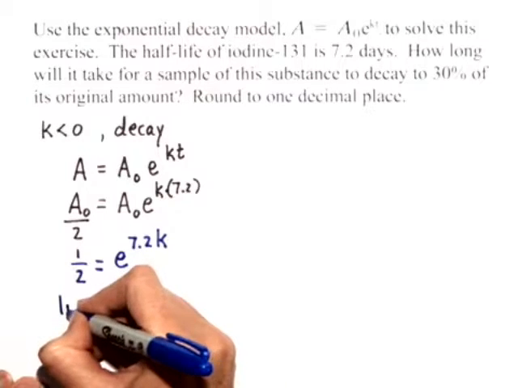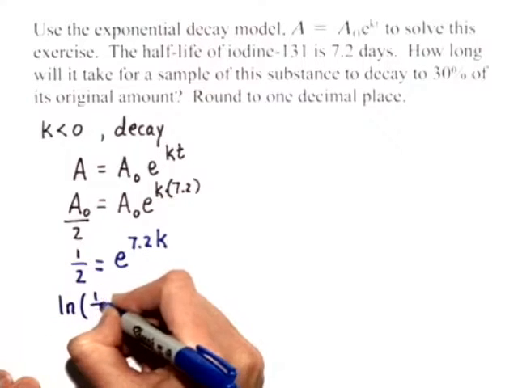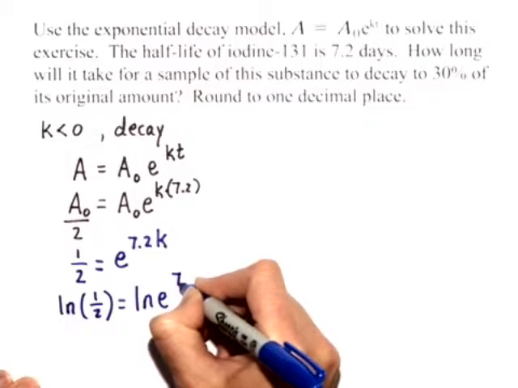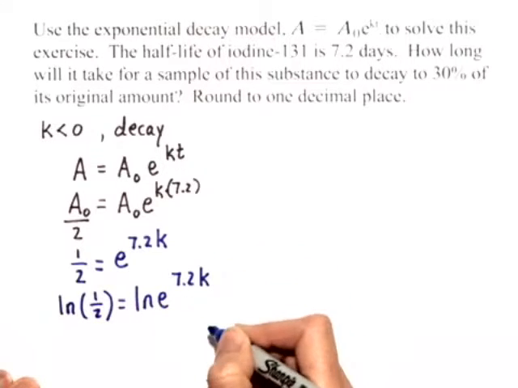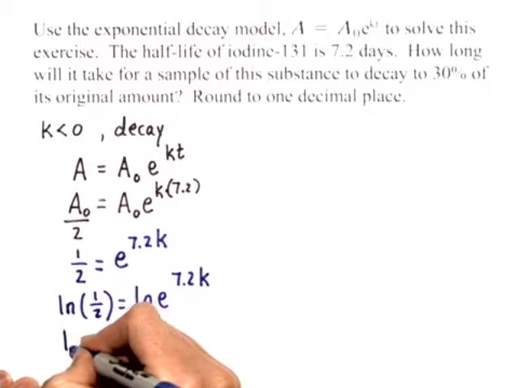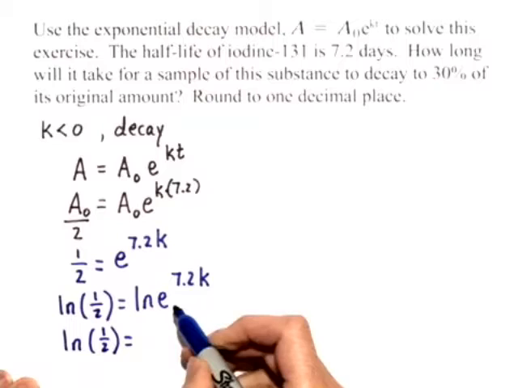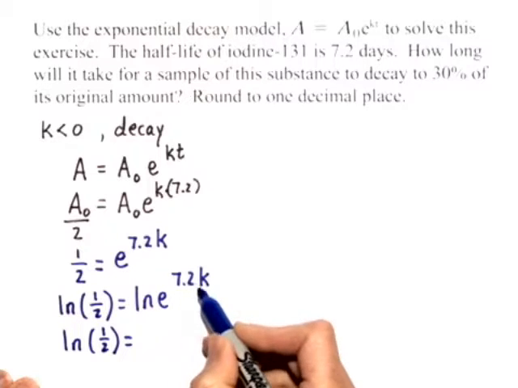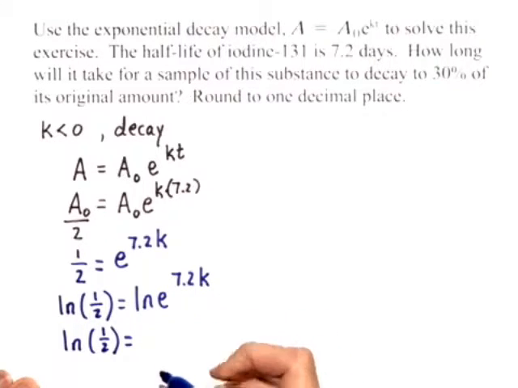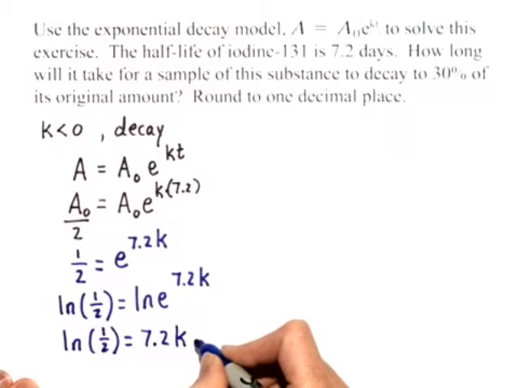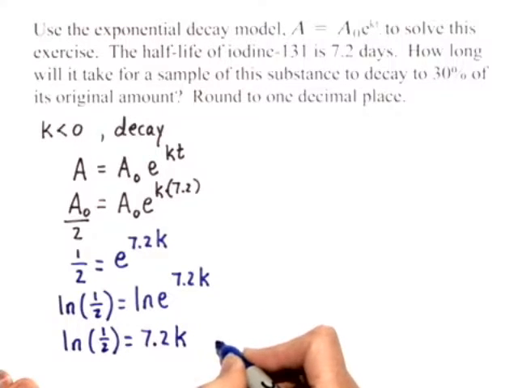Let's take the natural log of both sides. The natural log of 1/2 is equal to the natural log of e to the 7.2k. So by the rules for logarithms, we can take this exponent and bring it in front of our natural log. We have 7.2k times the natural log of e, which I don't need to write because the natural log of e is just 1.